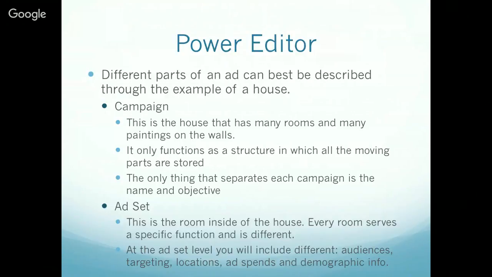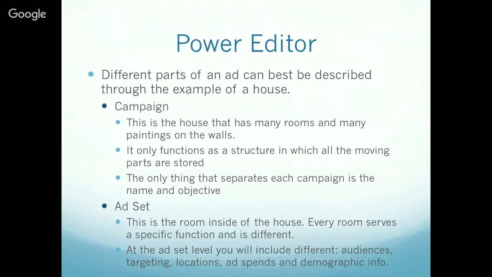So different parts of an ad can best be described through the example of a house. The campaign, this is the house that has many rooms and many paintings on the walls. It only functions as the structure in which all the moving parts are stored. The only thing that separates each campaign is the name and objective. Now the ad set.